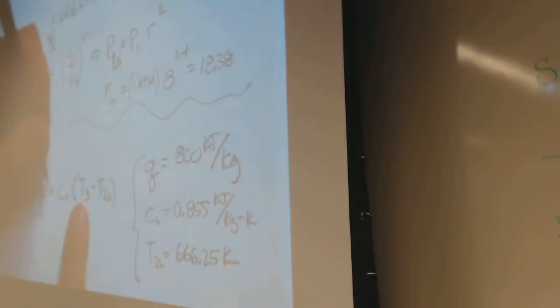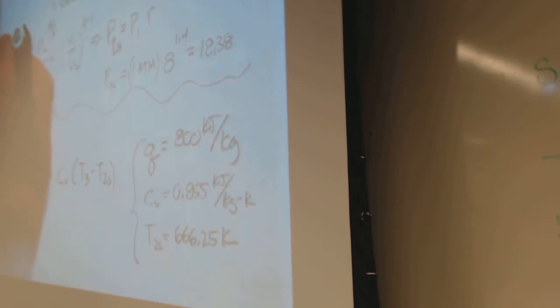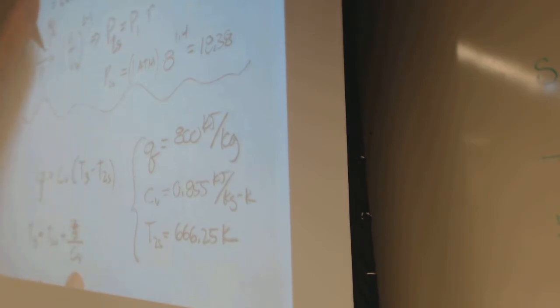I want to solve for temperature 3, so how am I going to do that? Temperature 3 is going to be temperature 2S plus Q divided by the constant volume specific heat.